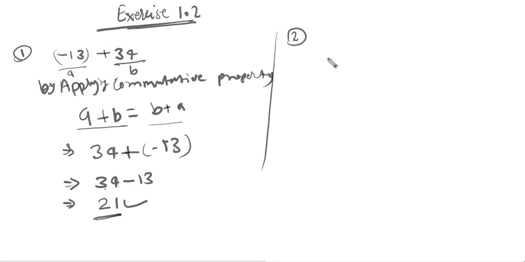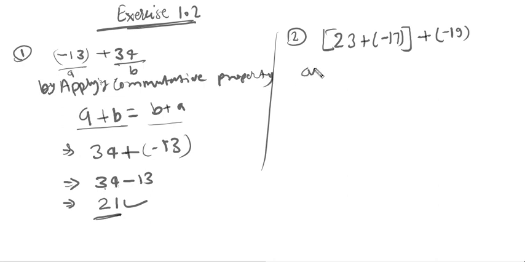Add 23 plus minus 17 in bracket, then bracket close, plus minus 19, using the associative property.